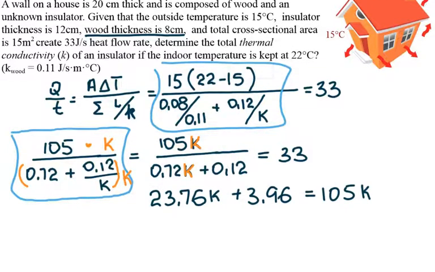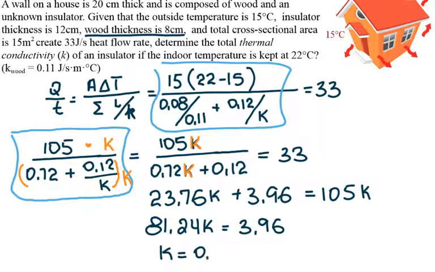So this is my next expression. I'm going to subtract 2376 from both sides, and I will get 8124K equal to 396. So K is equal to 0.049 joules per second meter degrees Celsius.